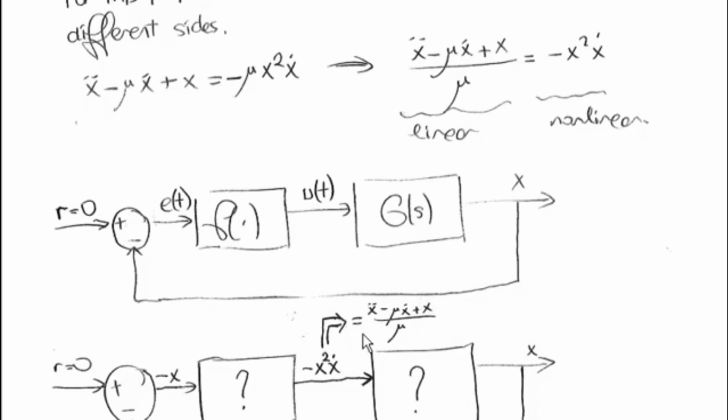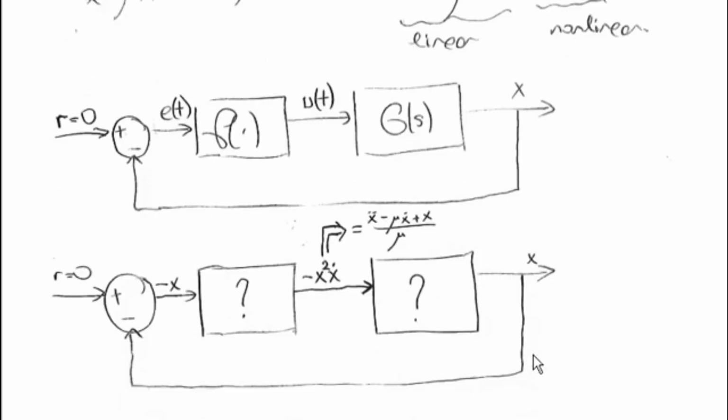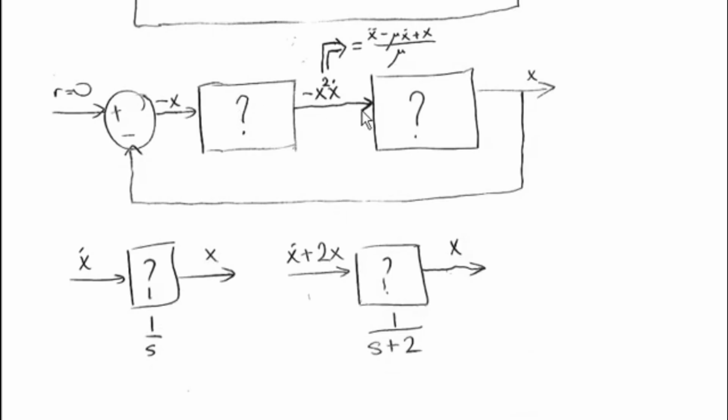so I need to have the linear terms here. So this linear system is nothing but a system which converts these terms to just a variable x here. So now this situation is easy to analyze.